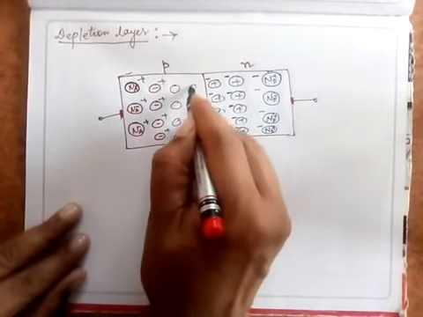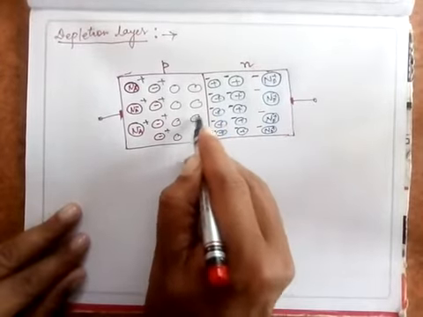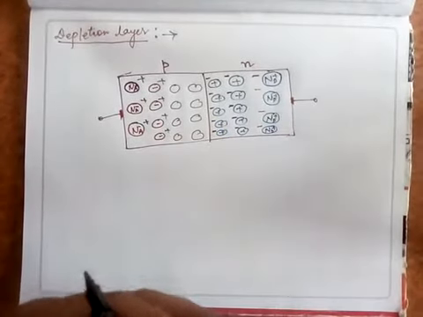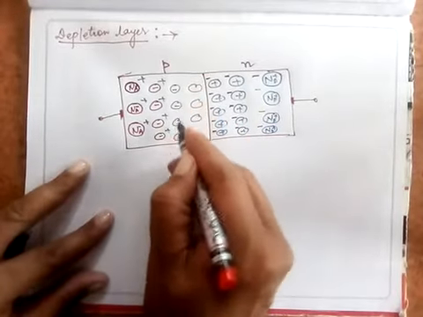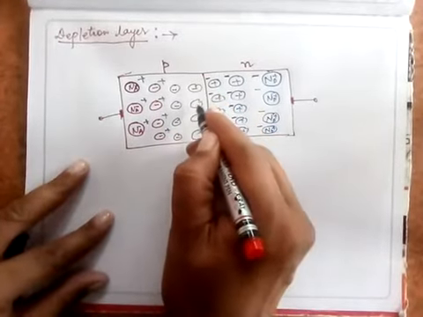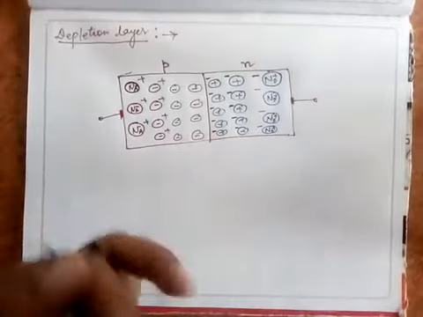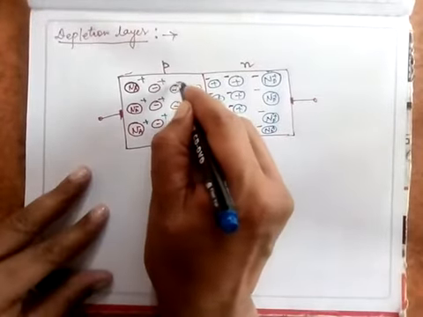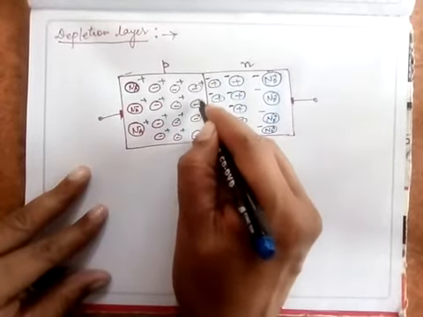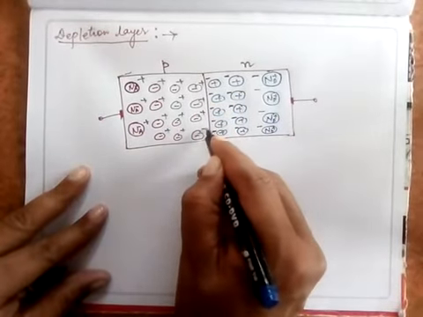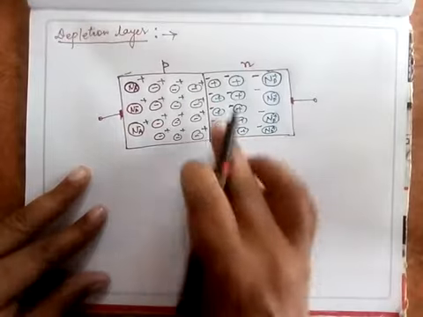These are negative ions here, minus, minus, minus, minus. Every acceptor ion releases a hole here, or it accepts electrons from the system and releases holes.